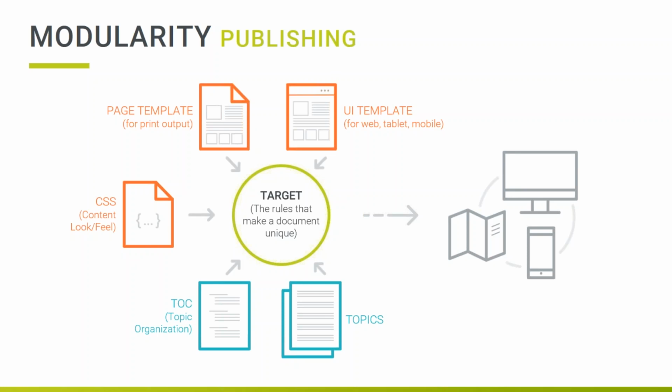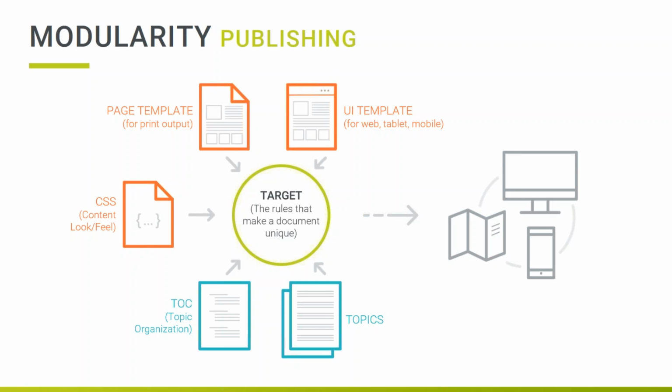Question about targets. Do I mean mediums, audience, or both? I mean both. I could have a target that generates PDF manual 24. I could then duplicate that target, change its style sheet and its page template assignments, and that can now be PDF document 24 rebranded for my business partner, and it has their look and feel.